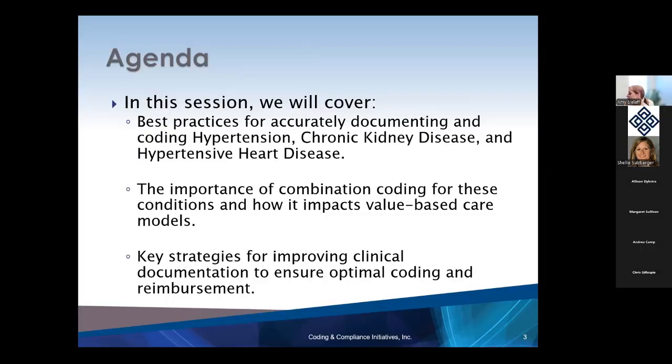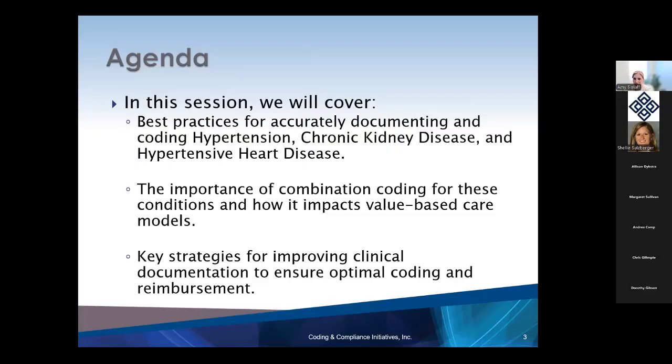We were going to talk also today about really how important it is to start looking at those combination codes for these conditions related to chronic kidney disease, heart disease that go with other conditions such as hypertension, or as we talked about in the last session, diabetes.